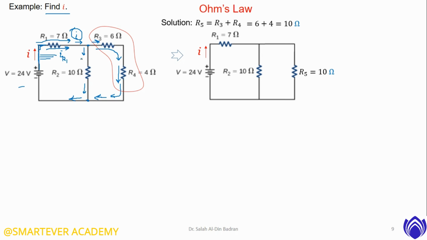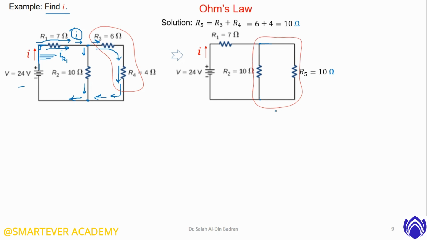Because they were both connected to this point and this point, the equivalent will be connected to the same points, this one and this one. This is our equivalent of R3 and R4.